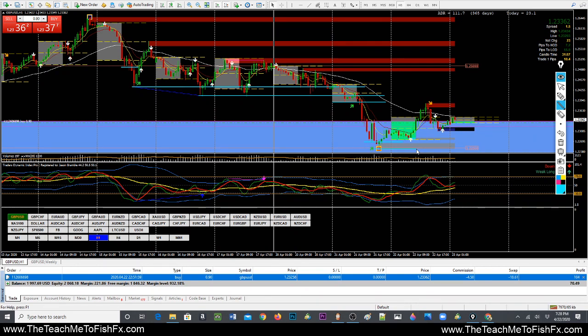Now, one of the misconceptions that takes place is you guys think that there can only be three levels. Well, in all actuality, you're looking to have at least three levels.